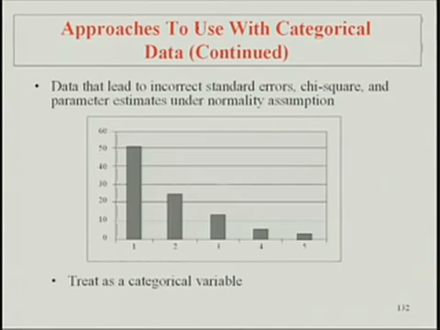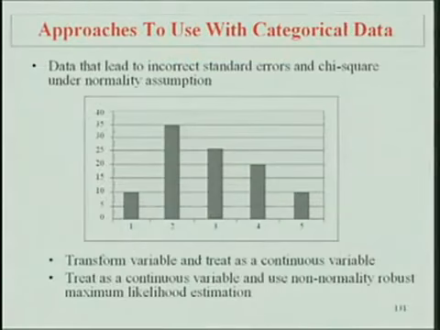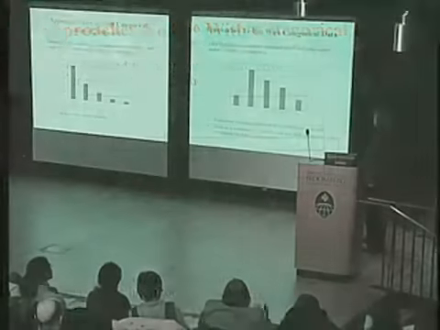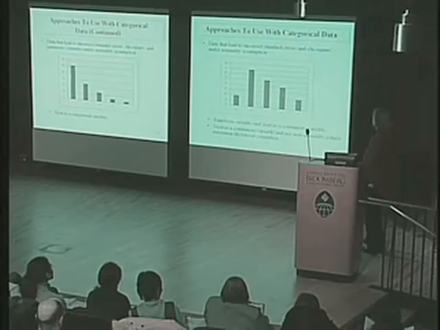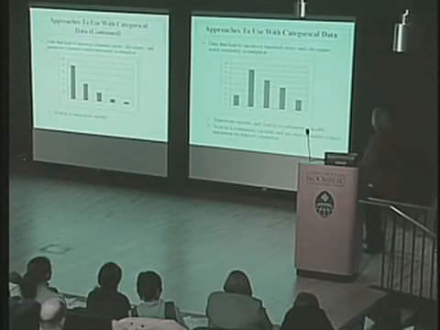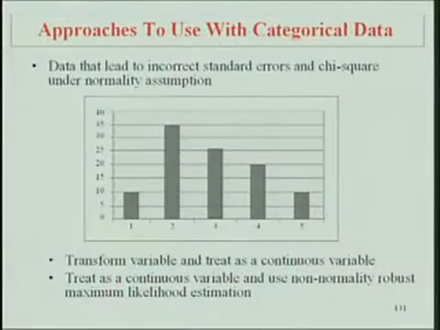here's an example of a categorical variable with 5 categories where there is not a piling up at either the lower category or the upper category. It may lead to incorrect standard errors and chi-square under normality assumptions, but you could treat it as a continuous variable and use non-normality robust maximum likelihood estimation.